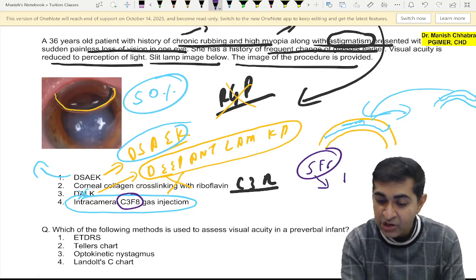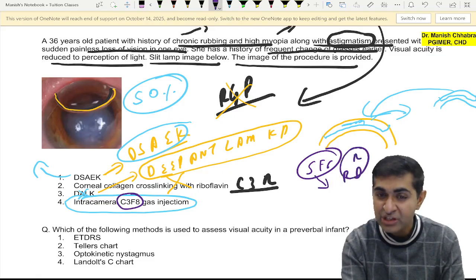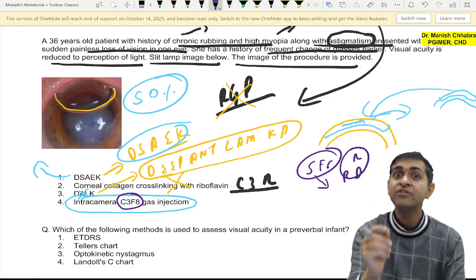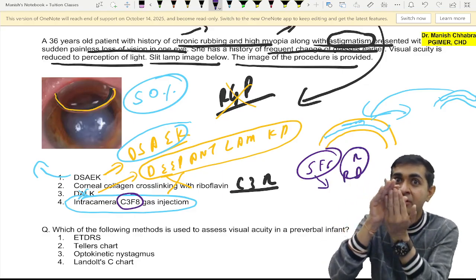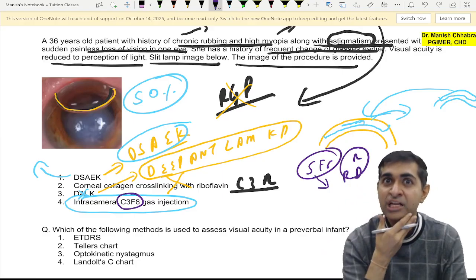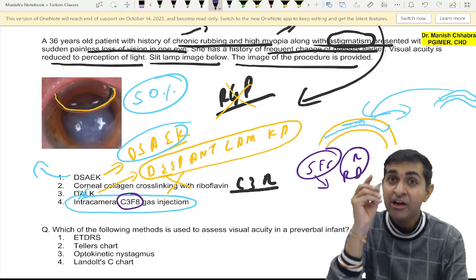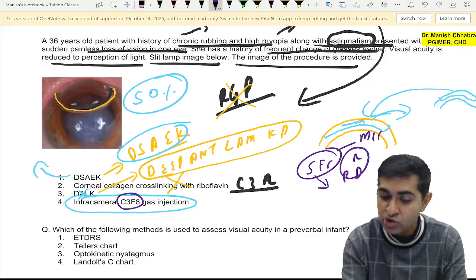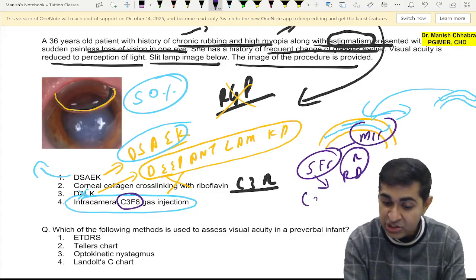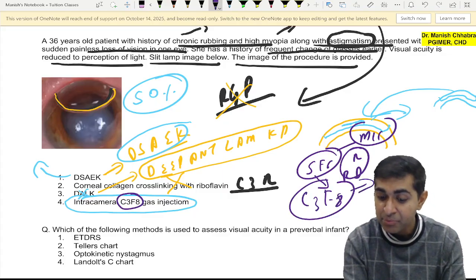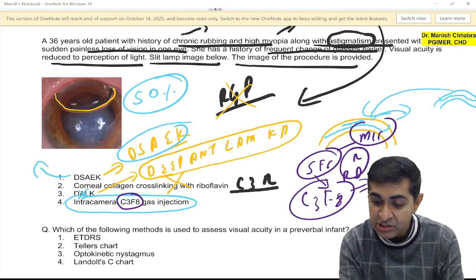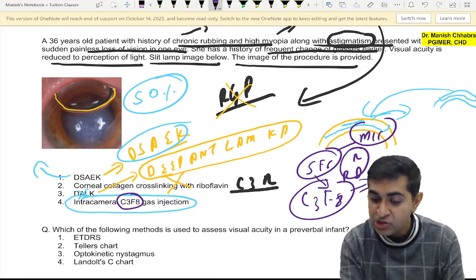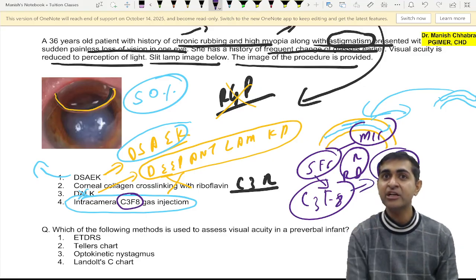You have read SF6 in rhegmatogenous retinal detachment surgery, which is pneumoretinopexy, in which you inject the gas, which will rise up and push back the detached part of the retina. You have read it, right? There SF6 is the most commonly used gas, but C3F8, perfluoropropane, is the best gas used in retinal detachment.